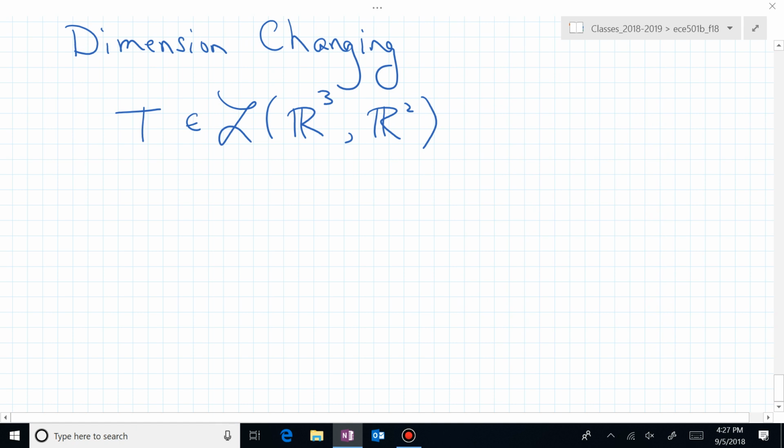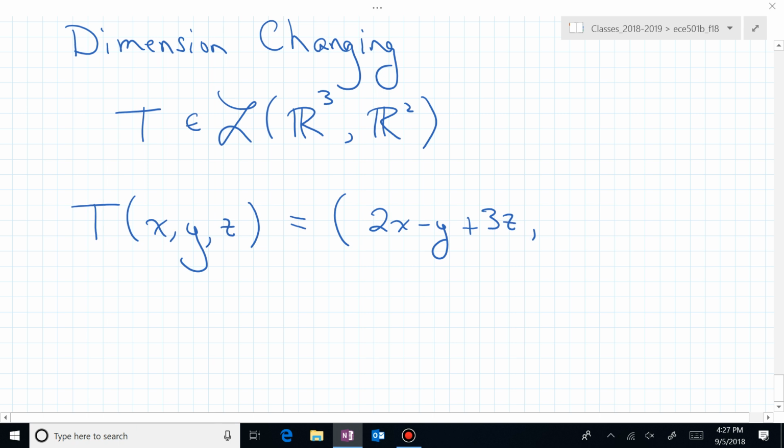Here, what we will do is sometimes we will say T of x, y, z. Those are our 3 components or coordinates of the 3 vector, and it is now going to produce 2 coordinates. And here's just an example. It might be 2x minus y plus 3z. That's the first coordinate, a linear combination of the 3 coordinates in the input vector.